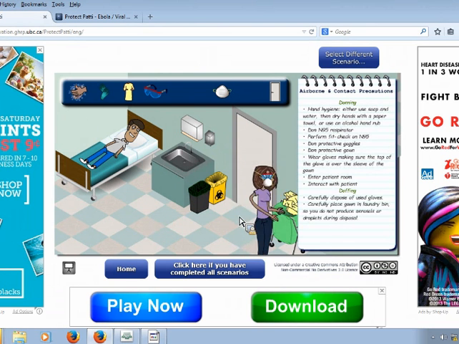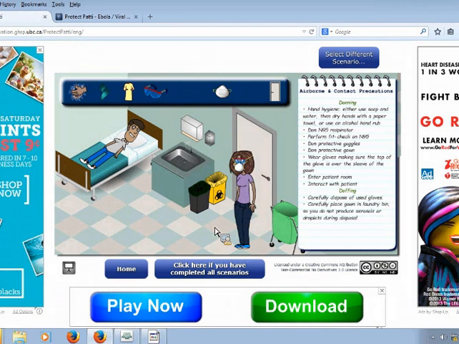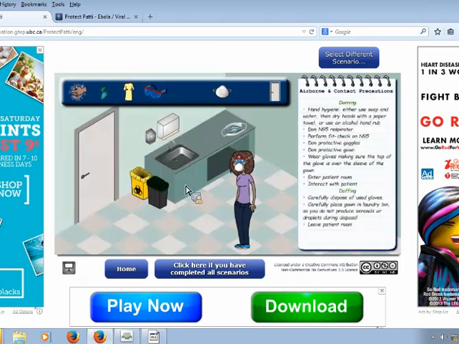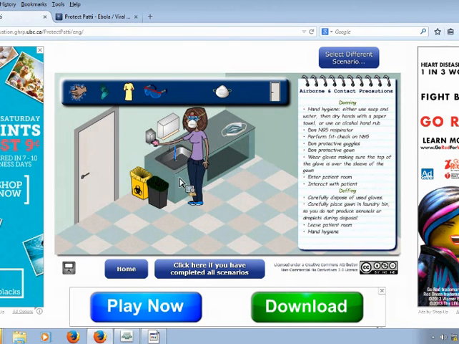She leaves her gown first in the contaminated room. In some jurisdictions, they say wash your hands first, but in many places there aren't sinks in the patient's room, so you have to leave. So you have to consult the local guidelines. So now she's out of the room. What does she do? Now what does she do?